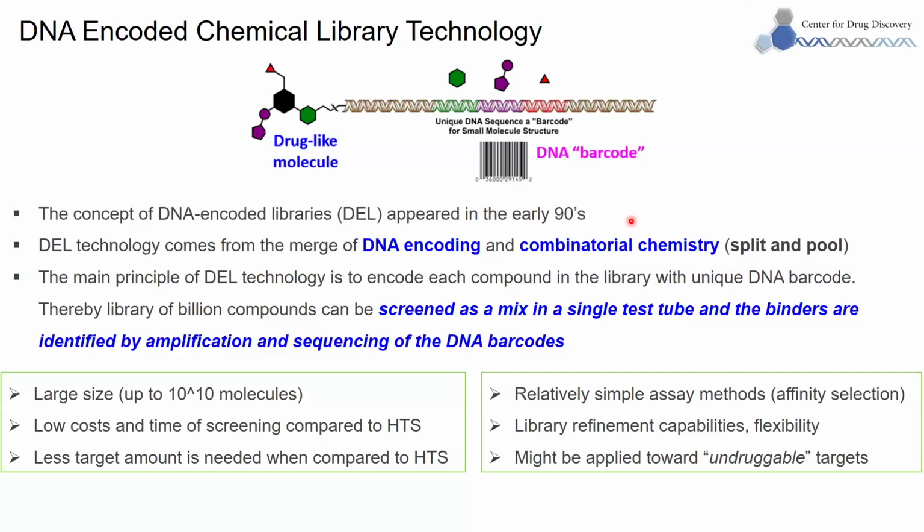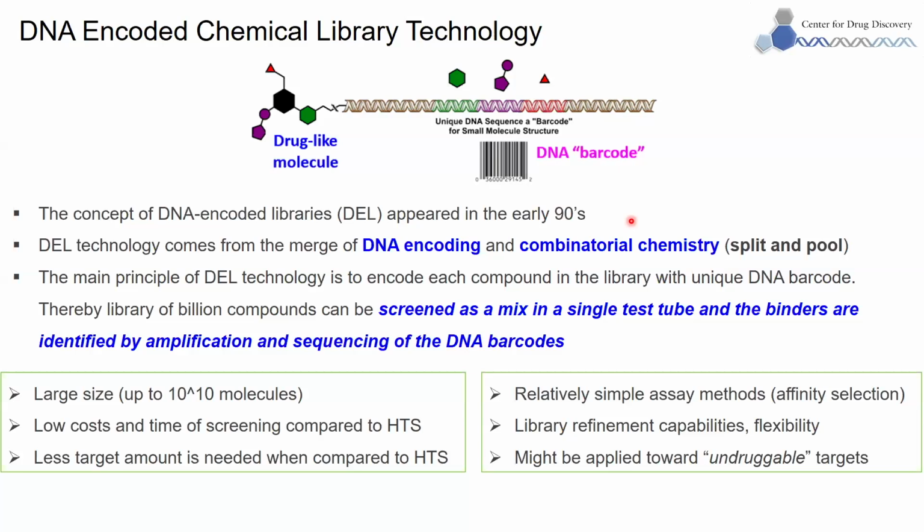So there are several advantages with this technology. The first and foremost is that the library size can be enormous. You can make billions of compounds. This is definitely an advantage for the chemist or drug discovery community in an expanded chemical space, which is good, right?